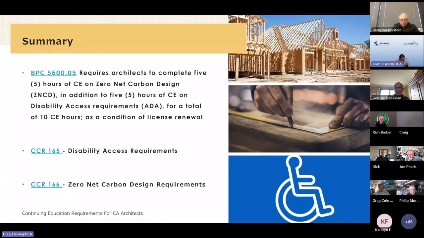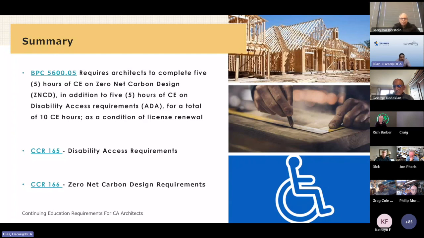Okay. In summary of what we have reviewed today, the California Law Business and Professions Code 5600.05 requires architects to complete 5 hours of continuing education on zero net carbon design, in addition to 5 hours of disability access requirements, for a total of 10 hours as a condition of license renewal.